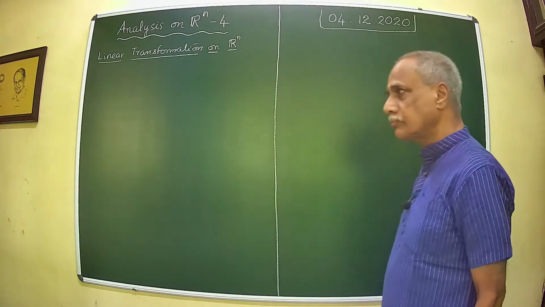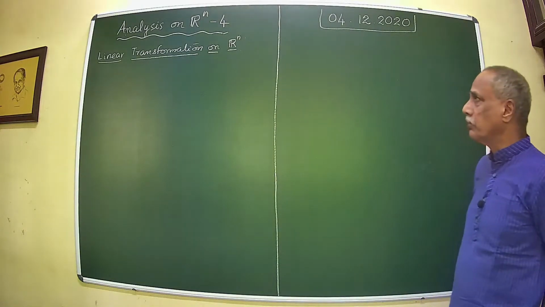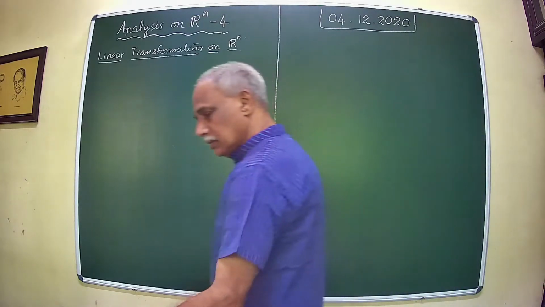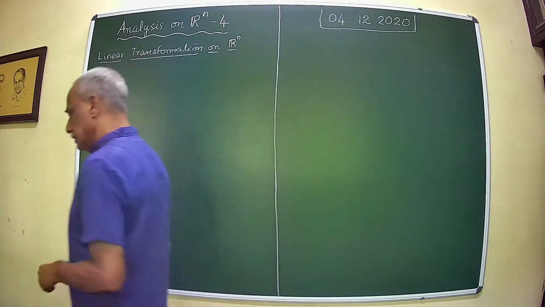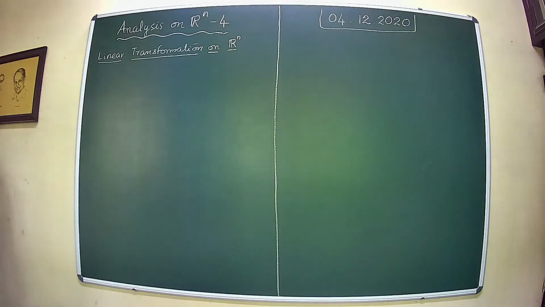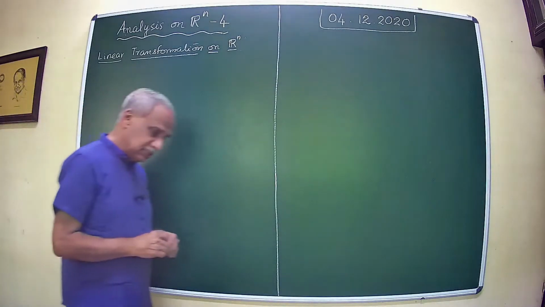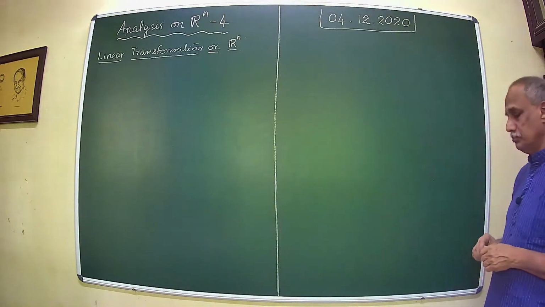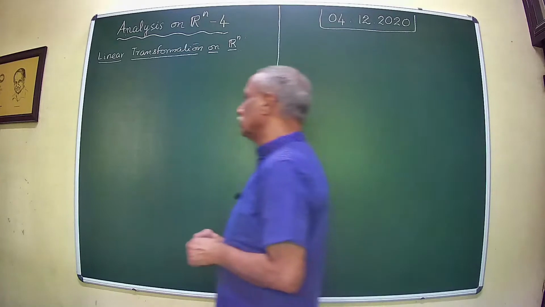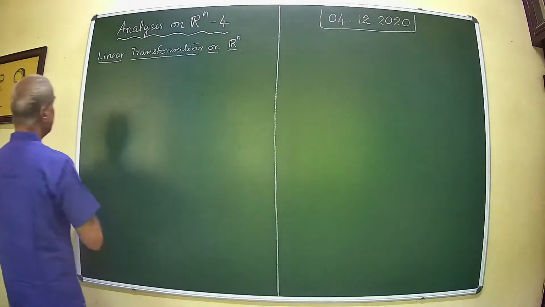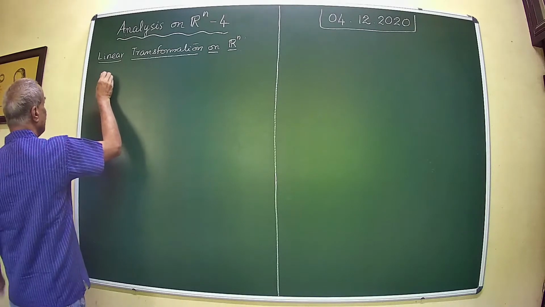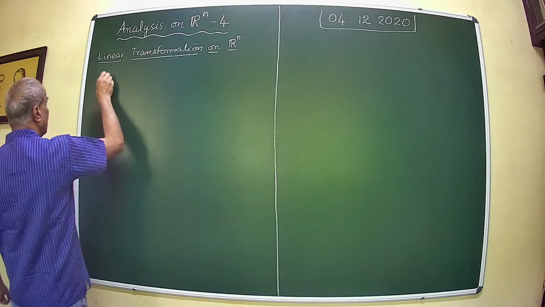Now we want to explore this further, and let us look at a special class of linear transformations, namely those which are one-to-one and onto.